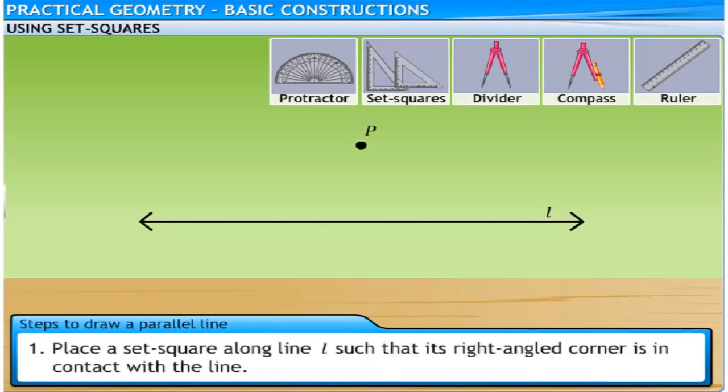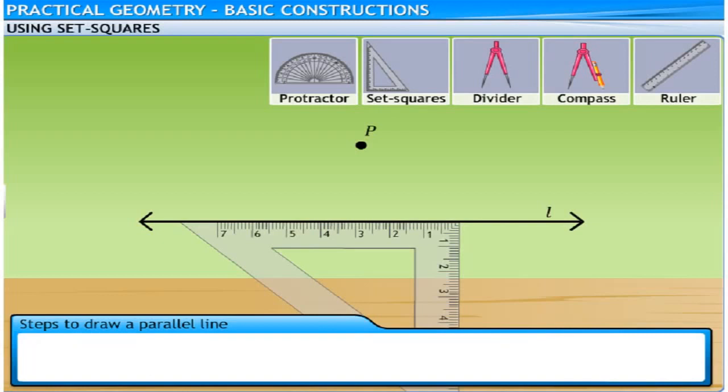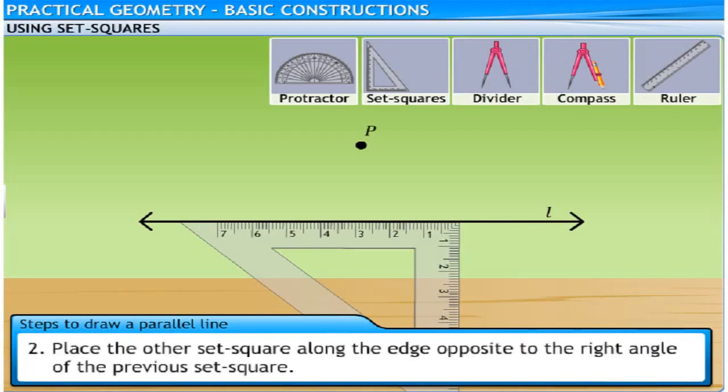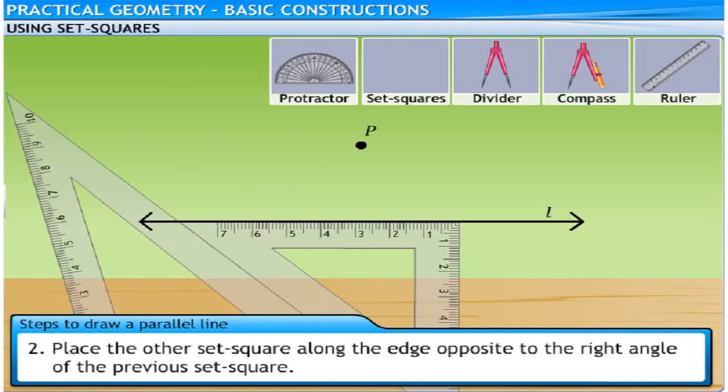Place a set square along line L such that its right-angled corner is in contact with the line. Place the other set square along the edge opposite to the right angle of the previous set square. Here, we can also use a ruler instead of the other set square.